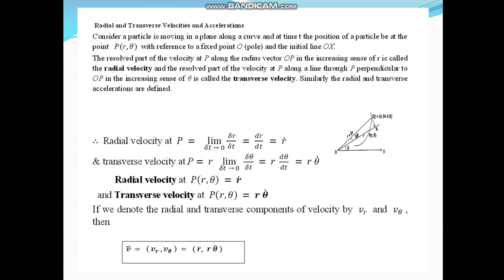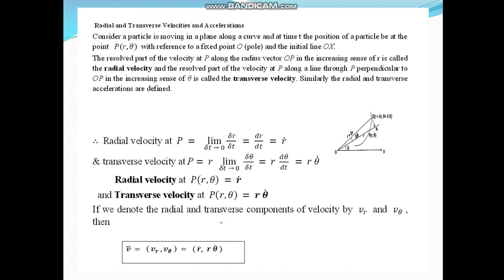And the resolved part of velocity at P along a line through P and perpendicular to OP, in the increasing sense of theta, is called transverse velocity. And similarly we can define radial and transverse acceleration. Actually there are two formulae here. So simply you have to remember these two formulae. Radial velocity at P is r dot, and transverse velocity at P is r theta dot.